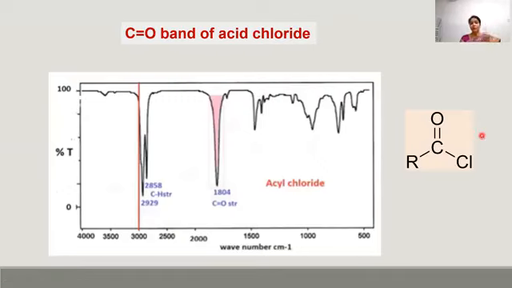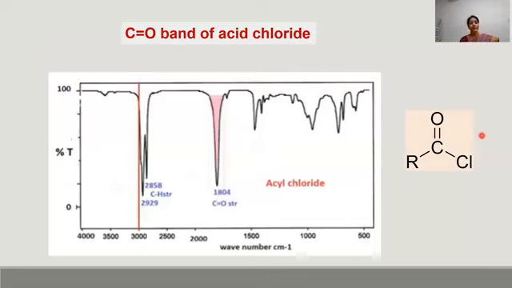So these are the spectra of all the seven classes of carbonyl groups. In the case of ketone, only the carbonyl group is observed. In aldehyde, carbonyl plus Fermi resonance at 2700 and 2800 centimeter inverse. In acid, carbonyl plus a broad band at 2500 to 3500 centimeter inverse. In amides, carbonyl plus two bands at 3300 centimeter inverse.